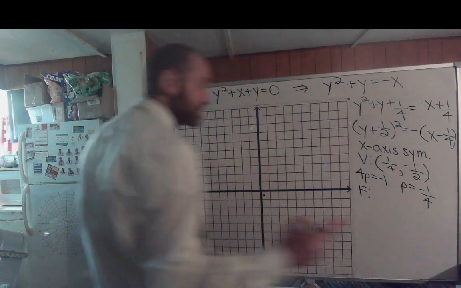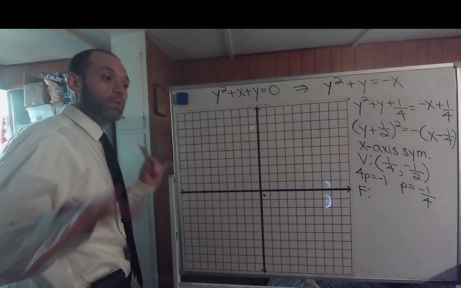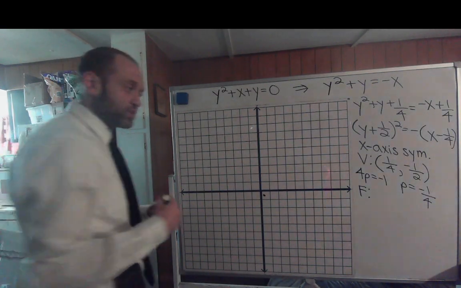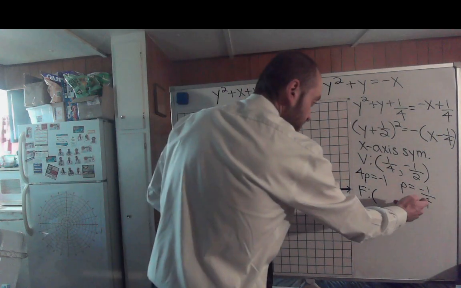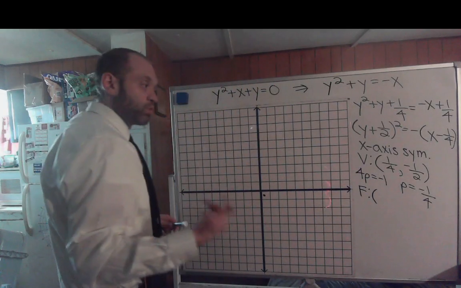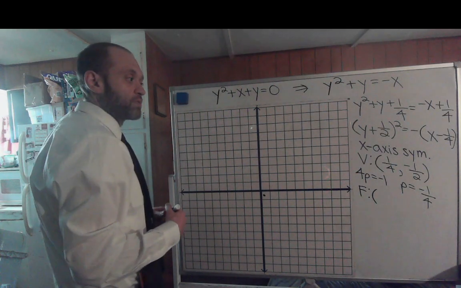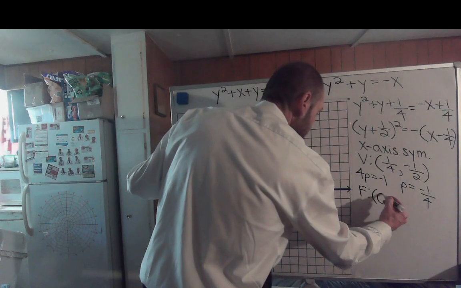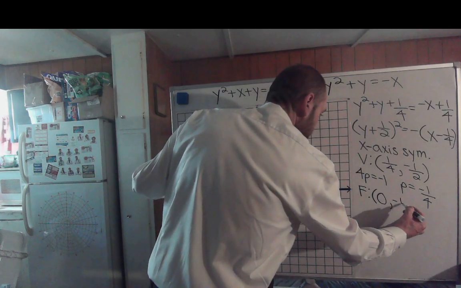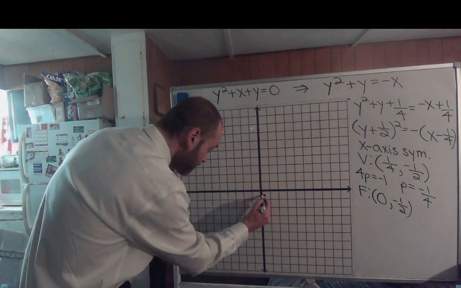Since this has x-axis symmetry, we're going to leave the y-coordinate alone and change the x-coordinate. So finding the focus, I'll add that negative 1/4 to the x-coordinate of the vertex of 1/4, which would give me 0. Then my y-coordinate stays negative 1/2. So I have a focus at 0, negative 1/2.